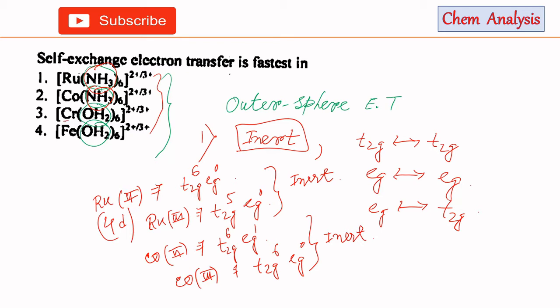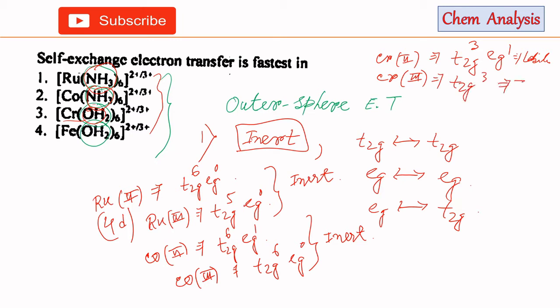On the other hand, since H2O is a weak field ligand, both the chromium and iron complexes will be high spin. So chromium 2, since it is d4, is t2g3 eg1, and it will be labile, and chromium 3, that is t2g3, will be inert.